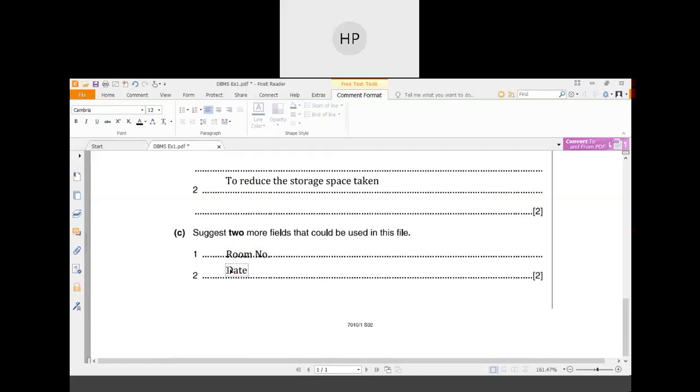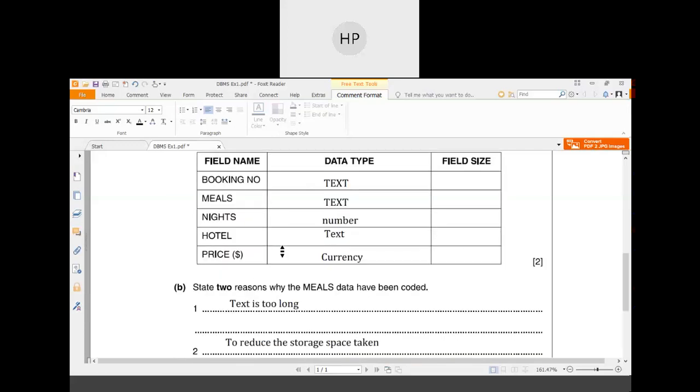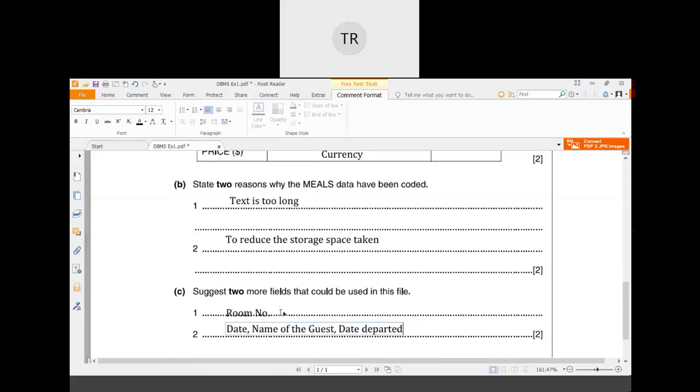Name of the customer? Yes, name of the guest. What else? Date departed. Right. What else? The location of the hotel. Oh, you mean the address?